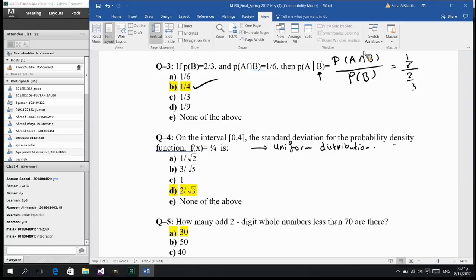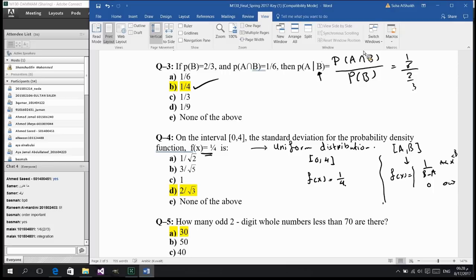If you remember, when you have an interval AB, the uniform distribution f(x) is equal to 1 over B minus A for x between A and B, and 0 otherwise, right? For my special case, the interval is 0, 4. The function f(x) is 1 over 4 minus 0, which is 1 over 4.